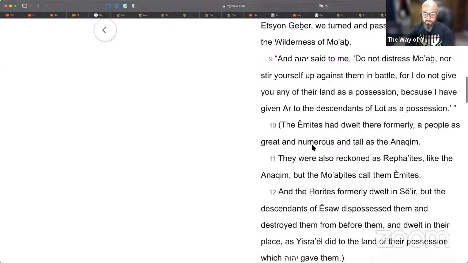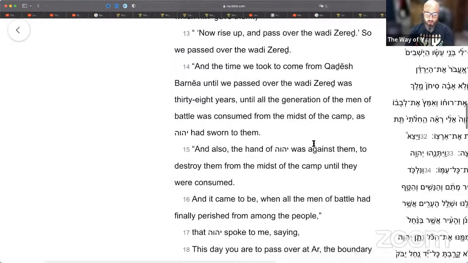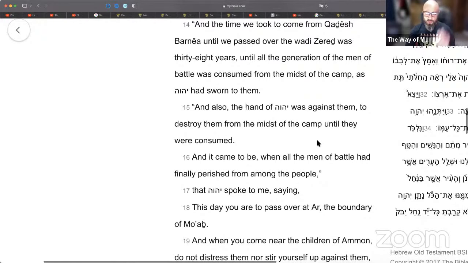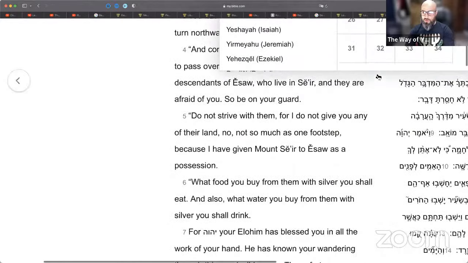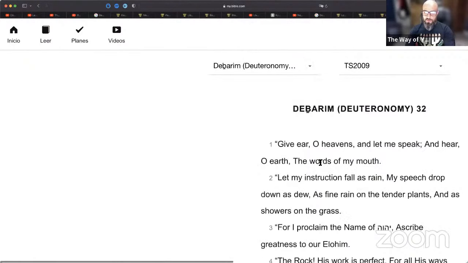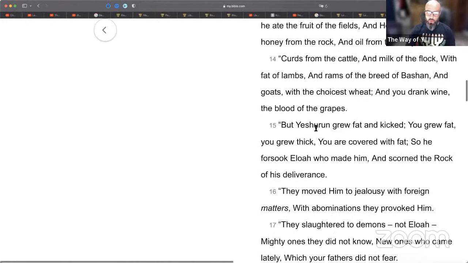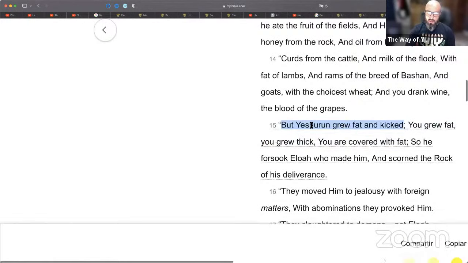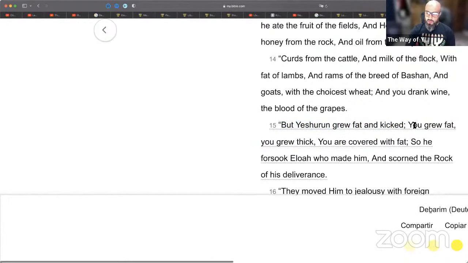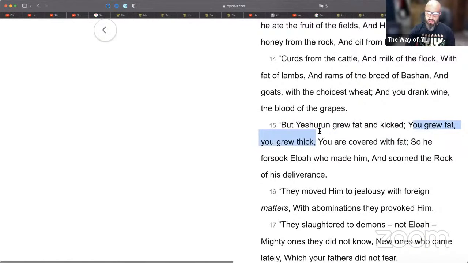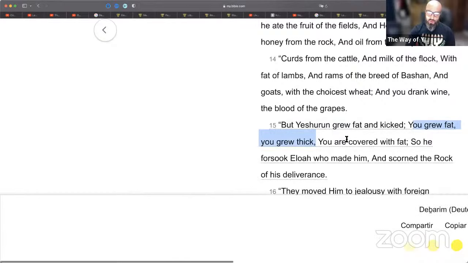Then we go to Deuteronomy 32:15. It says, but Yeshurun grew fat and kicked. Yeshurun represents the last. You grew fat, you grew thick, and also Israel as a people who, when they grew thick, became rebellious.